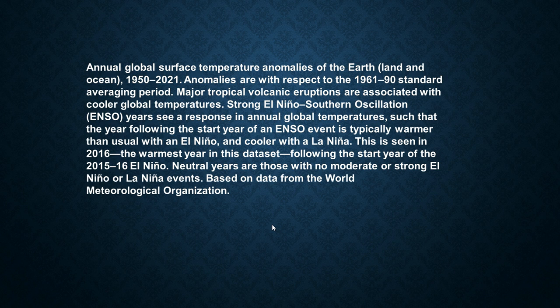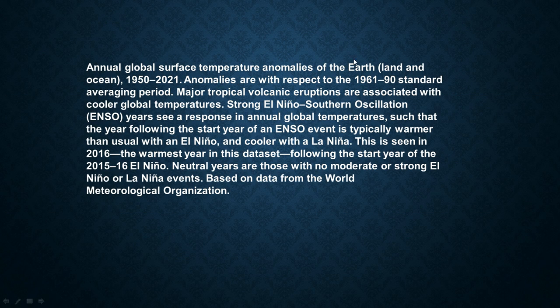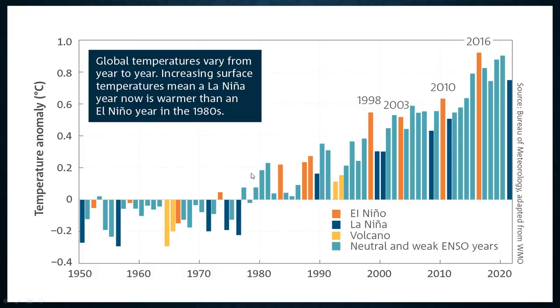This is seen in 2016, the warmest year in this data set, following the start year of the 2015-2016 El Nino. Neutral years are those with no moderate or strong El Nino or La Nina events, based on World Meteorological Organization data. This was a description for this graphic.